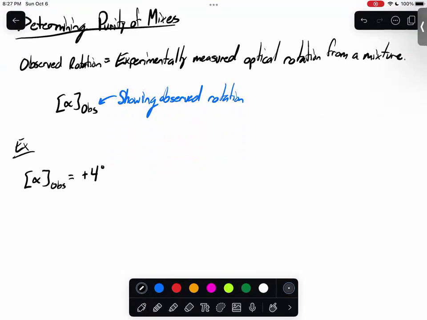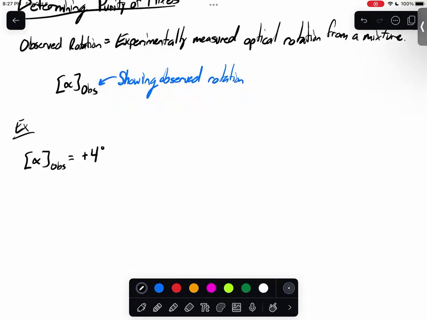There are literature values for a lot of things that you can look up that'll tell you what their specific rotation is. And tartaric acid is one of those. So if you were to look up the plus specific rotation, right, for tartaric acid, right? So plus tartaric acid has a specific rotation of positive 12 degrees. We could ask ourselves, okay, how much of each enantiomer is in solution?